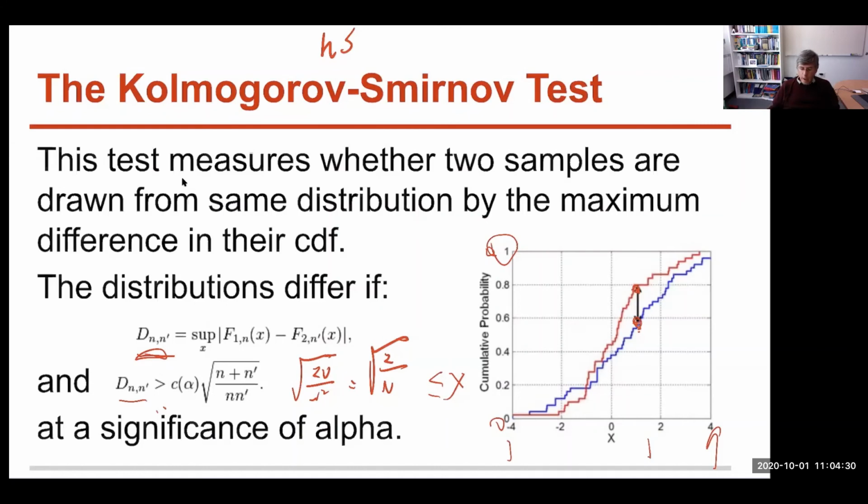And this is asking: what's the likelihood that we see a difference that is many times more than the square root of n? Alpha here is the significance. How confident are we that this occurred with less than a 1 in 100 chance? That's what alpha is, the 1 over 100.